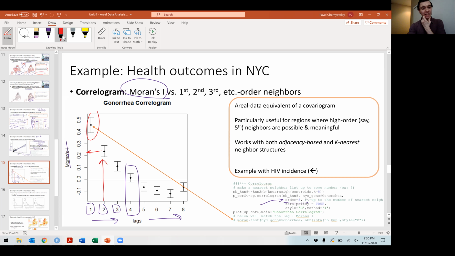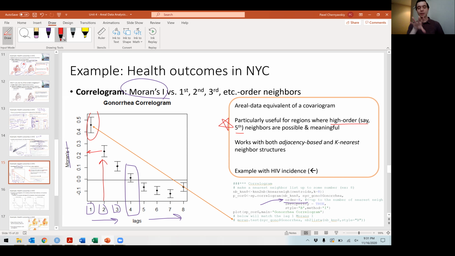So I think this is particularly useful when it's meaningful to look at something like a fifth order neighbor. With 190 regions of New York City, the neighborhoods of New York City, it is meaningful to look at fifth order neighbors. With 23 counties in Wyoming, it probably is meaningful to look at second order neighbors, but once we get to third order neighbors, we've probably covered the entire state.